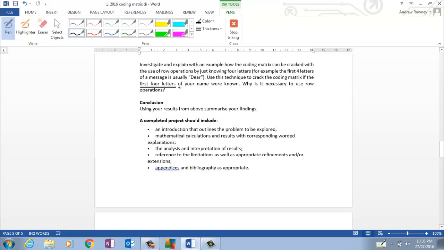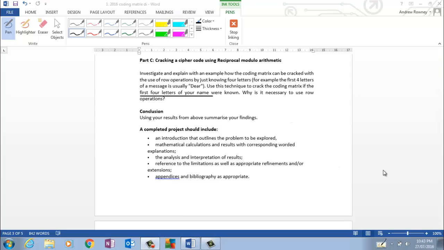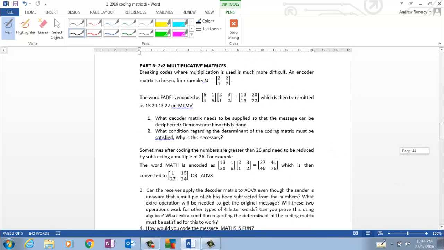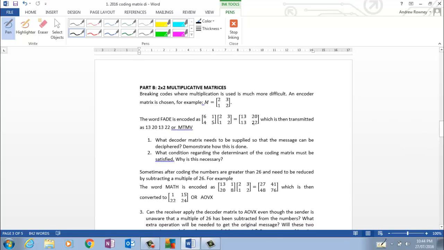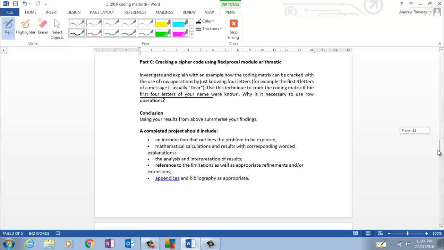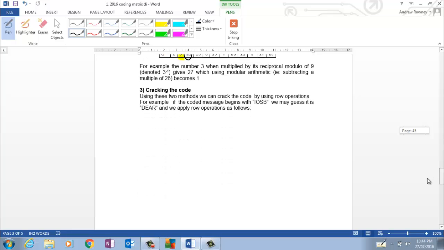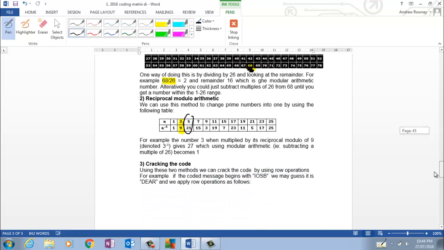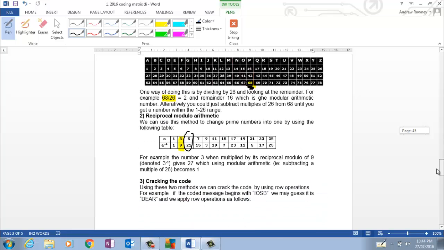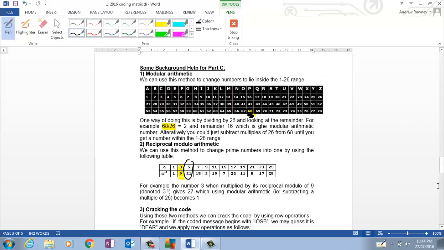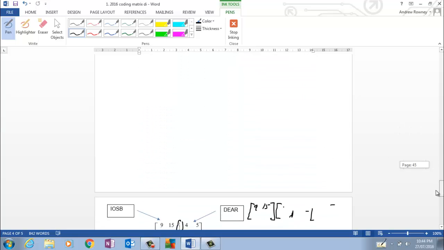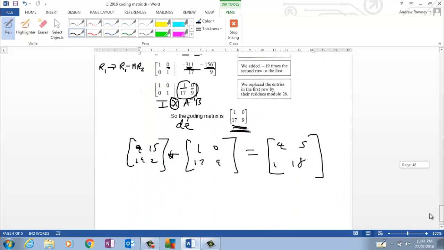Using the first 4 letters of your name, you can code them using the original coding matrix, which was this one here, 2, 3, 1, 2, and then try to use that same technique, row operations, to decode it, to see if someone could decode it using that process.